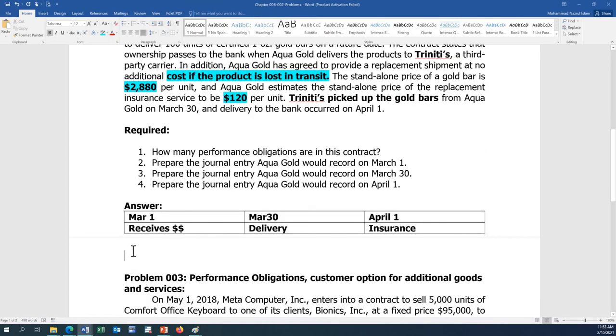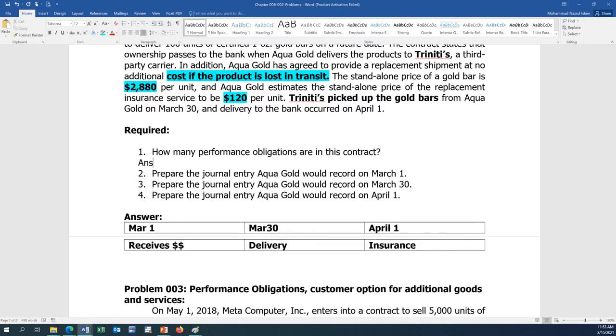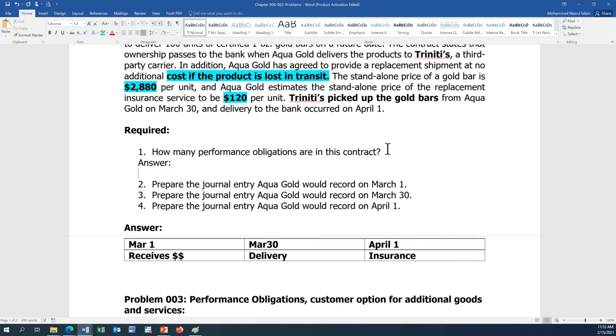So now, question number 1, how many performance obligations? There are 2. So the answer is there are 2 performance obligations.